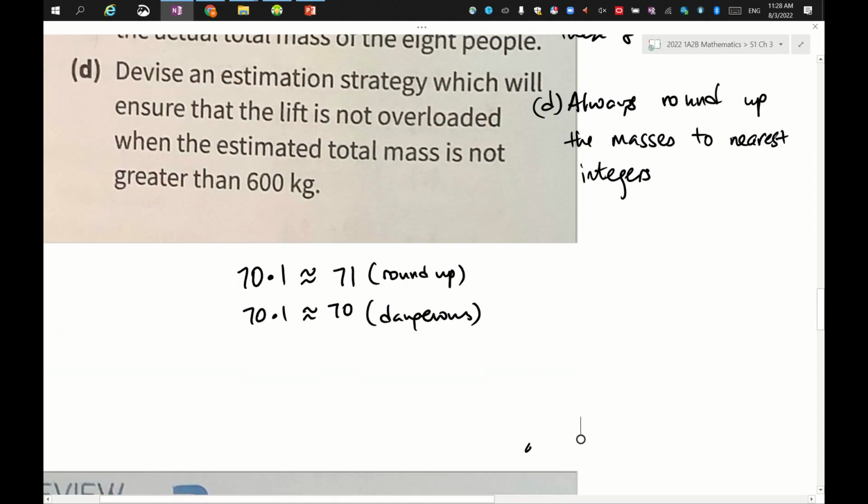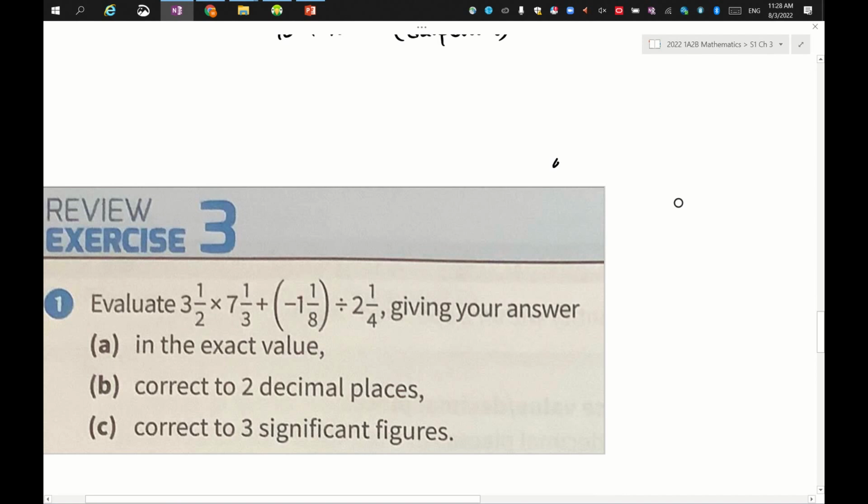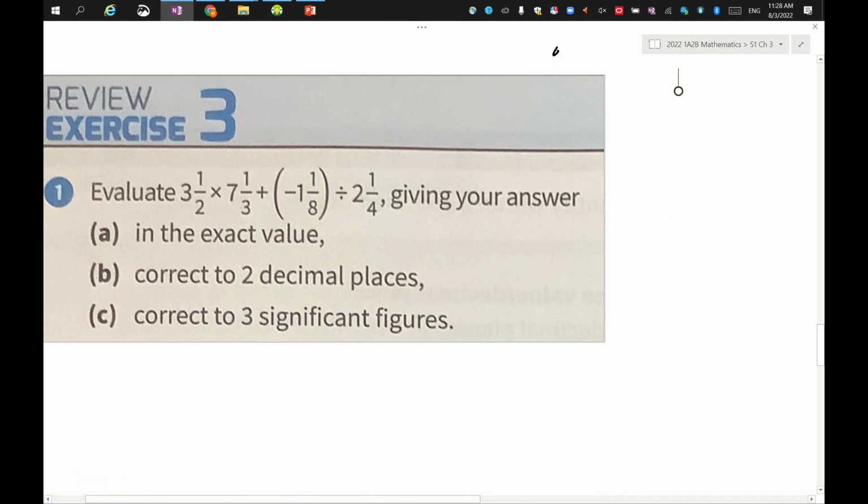Okay, just a couple more questions from the review exercise. Now evaluate this, giving the answer as an exact value.